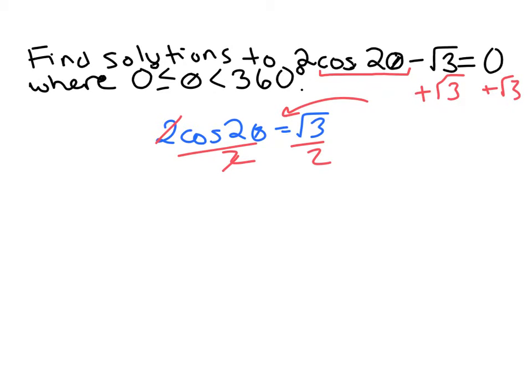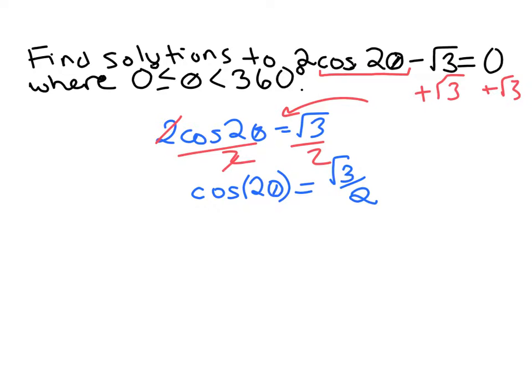We'll cancel that 2 in front so that you've isolated the cosine function. So this is cosine of, the parentheses there are not essential, but I just like to write them in this case for clarity. Okay, so cosine of 2 theta equals square root of 3 over 2.